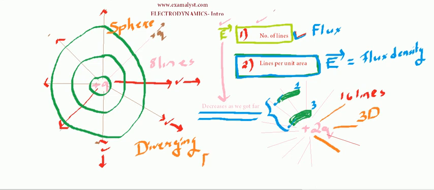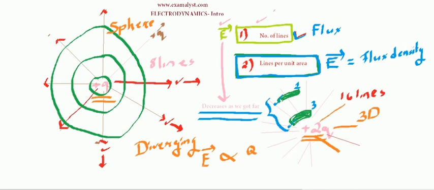So the electric field is a quantity whose value is proportional to the charge. Would you agree? Why is it proportional to charge? If I take a small charge like plus q, the number of lines is less. If I take a bigger charge like plus 2q, the number of lines is more.